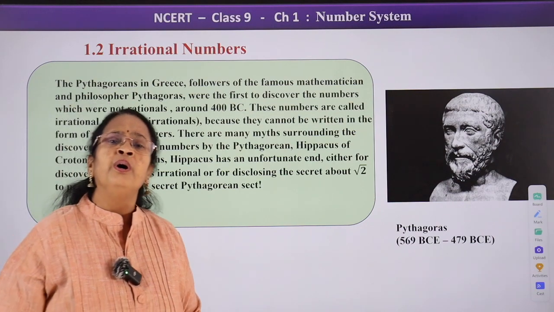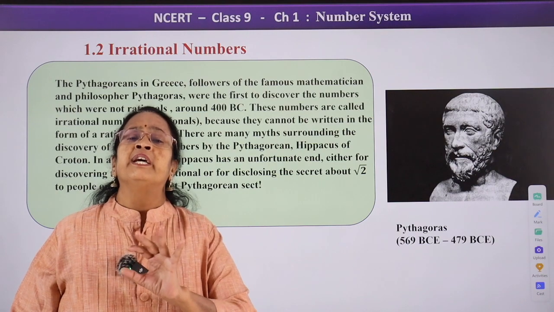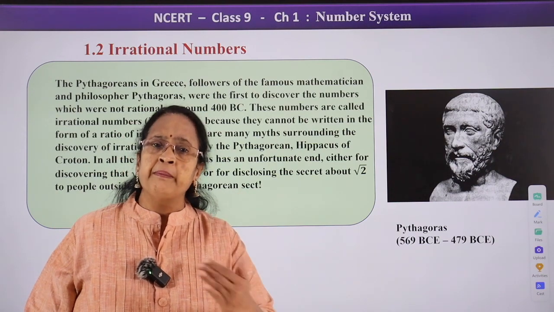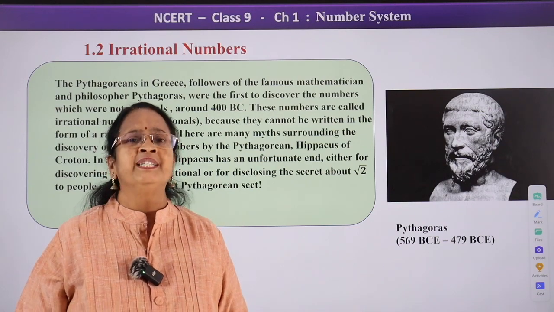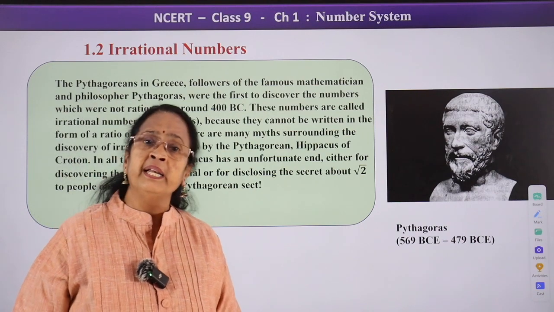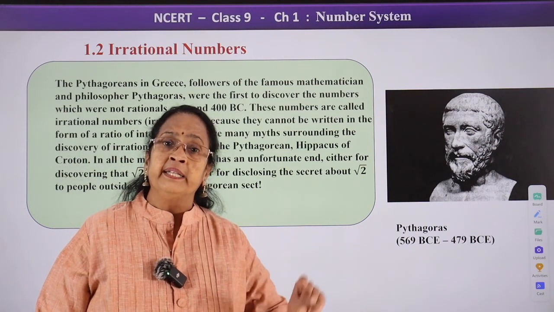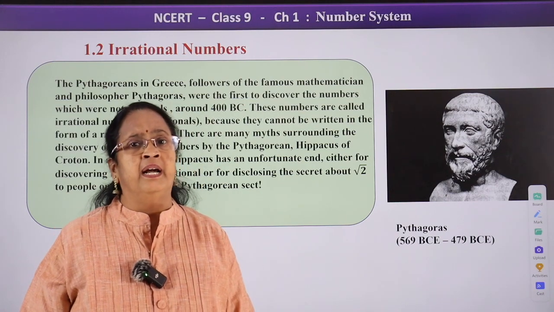So irrational numbers are those numbers which cannot be written in the form P by Q or A by B, where the denominators are not equal to 0. Those numbers are called irrational numbers and they can be represented on the number line.